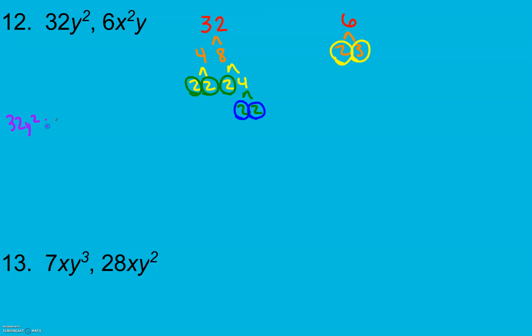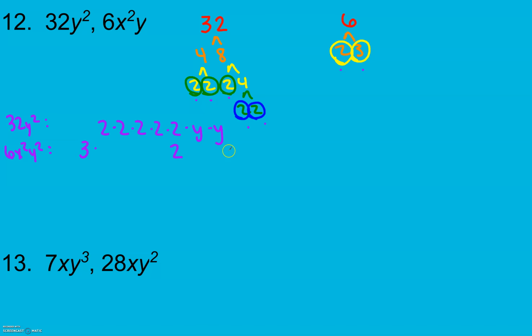32y squared is going to be 2 times 2 times 2 times 2 times 2 times y squared, which is y times itself, and 6x squared y squared. 6 we said was 2 times 3, so I put a 2 in my 2 column, and I add a 3 column.